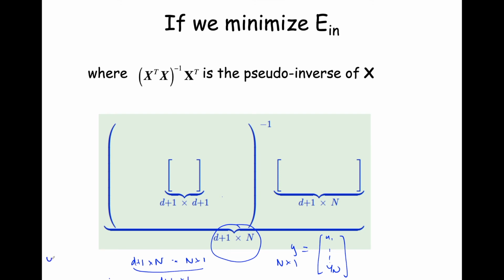And of course, our w vector is a column vector consisting of w naught through wd. Guess what? That is d plus 1 by 1. So the ranks all work out, and we use the pseudo-inverse to find the regression solution for the final best hypothesis, w, for the best predicted real-valued labels.